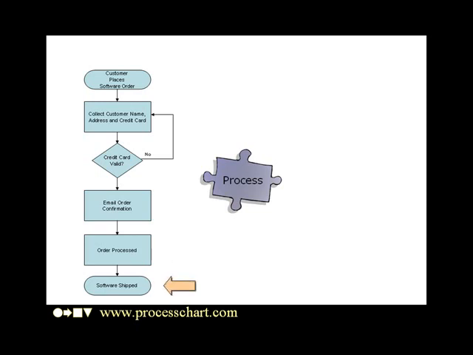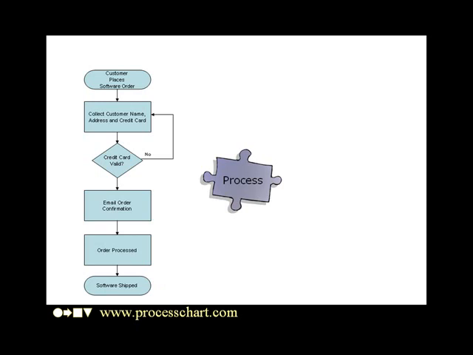Finally, the software is shipped. Is this an electronic shipment? A CD? Both? The flowchart doesn't tell us. Each step in the flow represents a different high-level function that needs explaining. The flowchart provides clues to what's going on, but not answers.